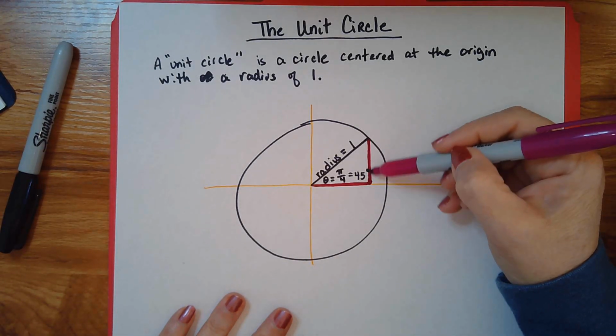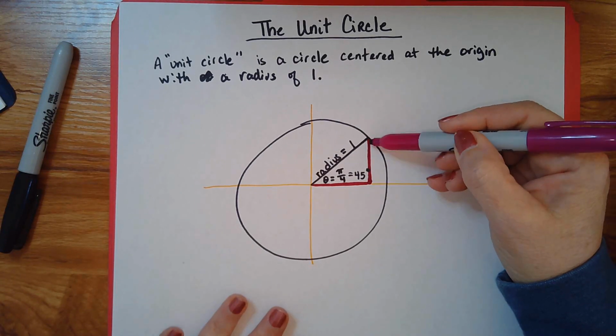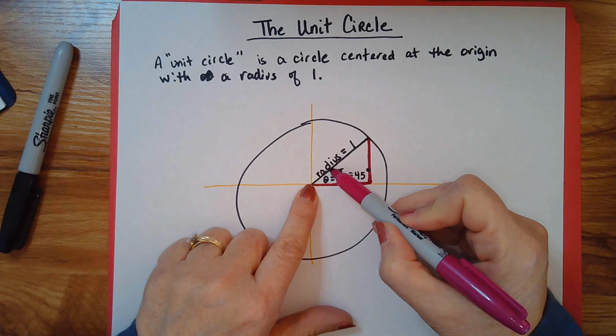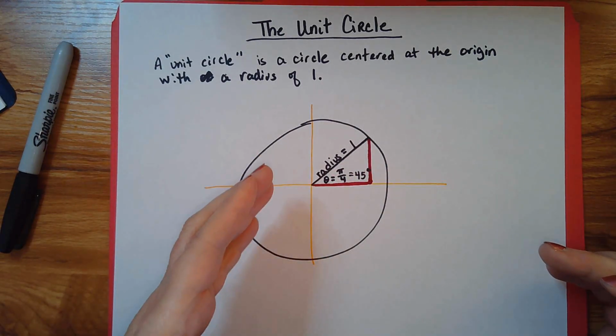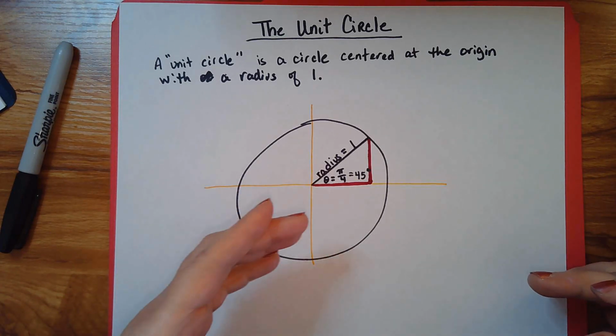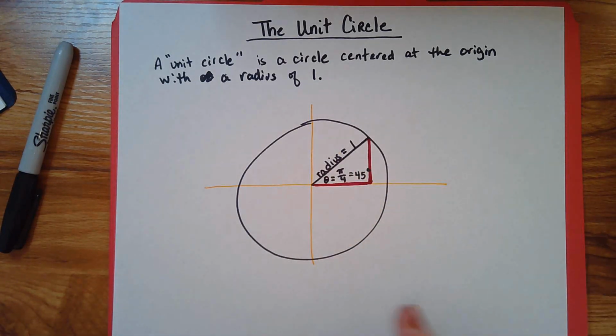Same with this line right here. Although it takes up all of this space, this line is going to be shorter than my radius. I didn't draw this perfectly, so you might not be willing to bet your life on this, but I'm telling you that it's not as long as the radius.